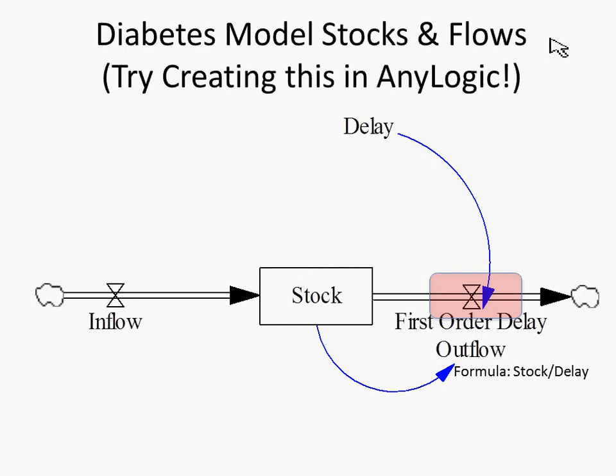A kick at the can every time. No matter how long they're in that stock, they have that same chance. The stock is well mixed. The stock, in other words, doesn't care how long people have been there.